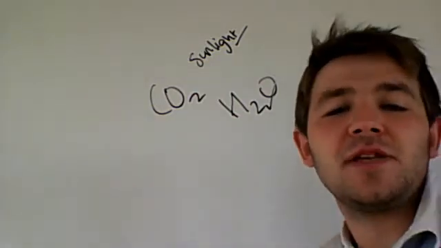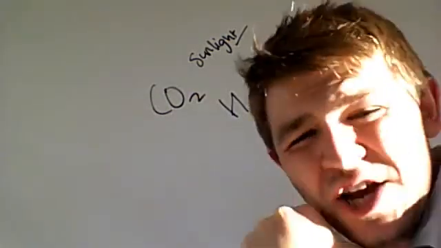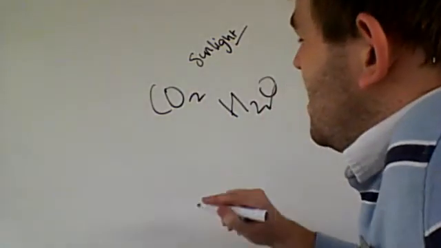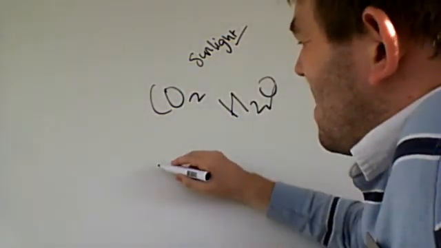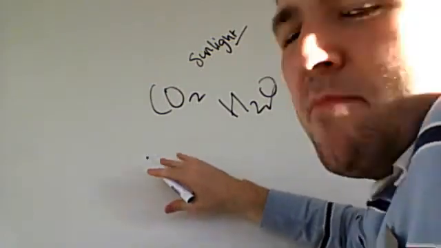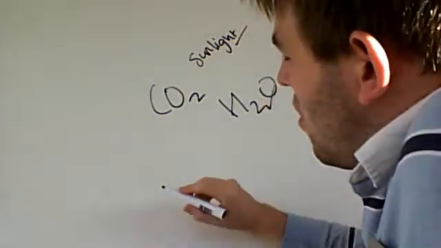Water can evaporate. Water can be taken up into the atmosphere as a vapour. That's not good, because we need water for photosynthesis. We need to keep it. So we need to make sure to have a balance.